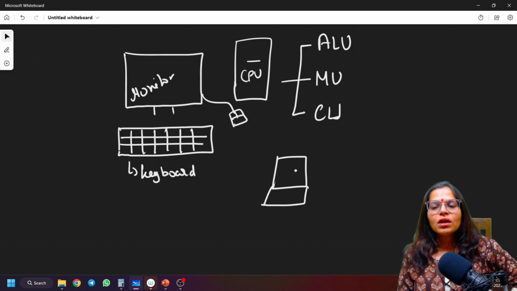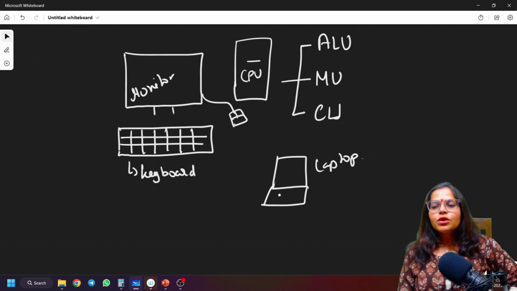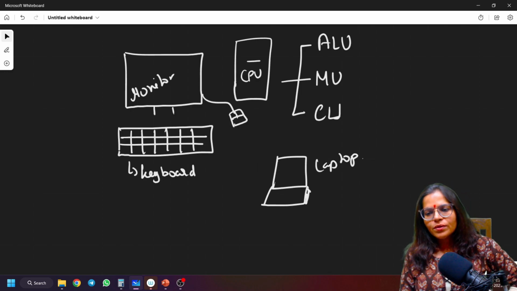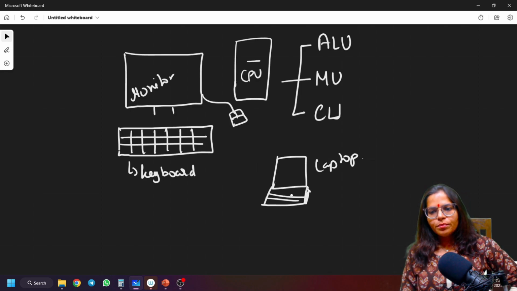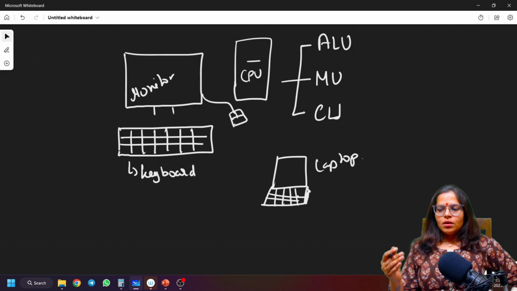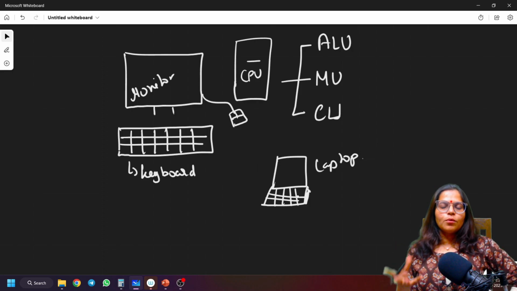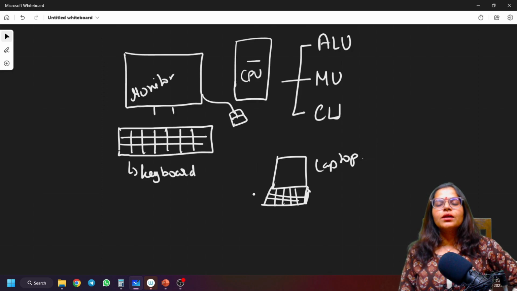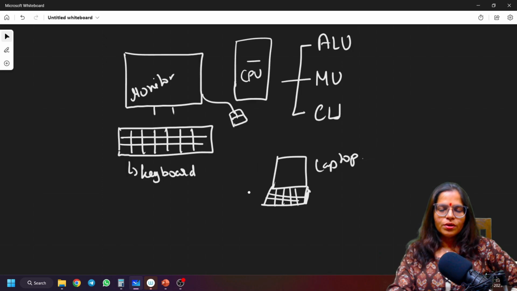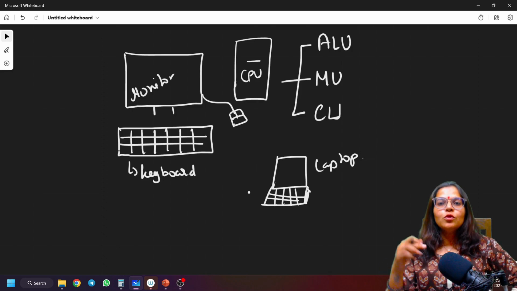But if you're talking about a laptop or even a tablet, down to the keyboard, you have your compact CPU, okay, you have your processor, and there is a pointing device in your laptop that will help you to point stuff.